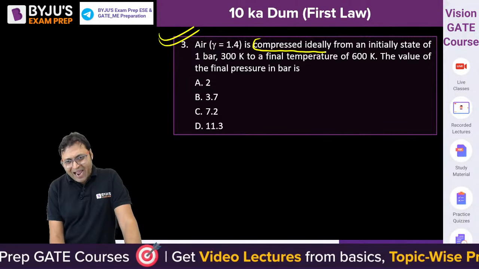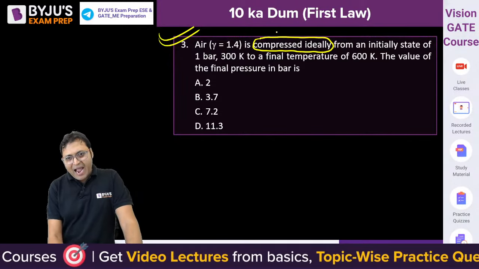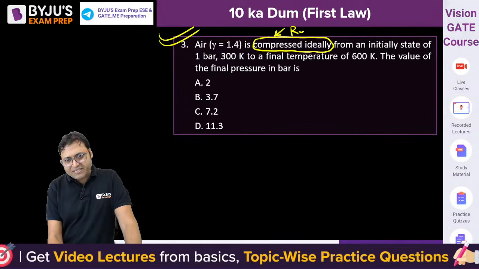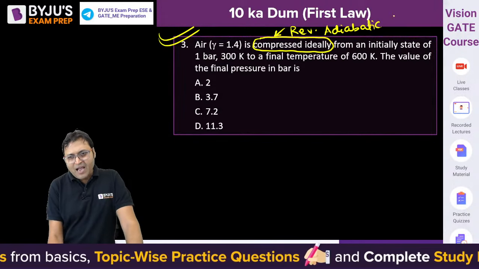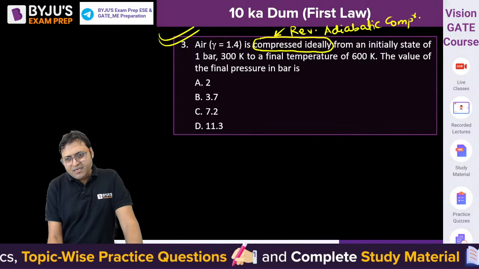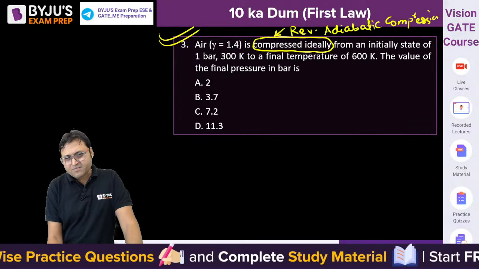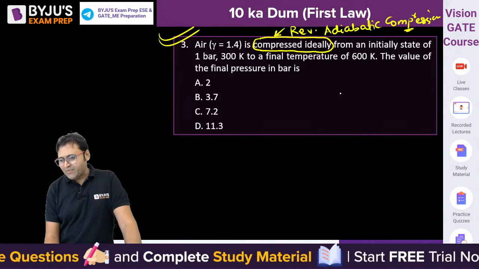What is the meaning of ideal compression? Ideal compression means reversible adiabatic compression.